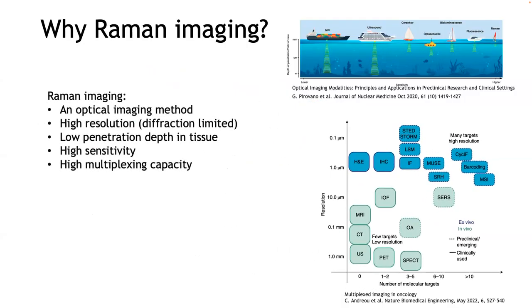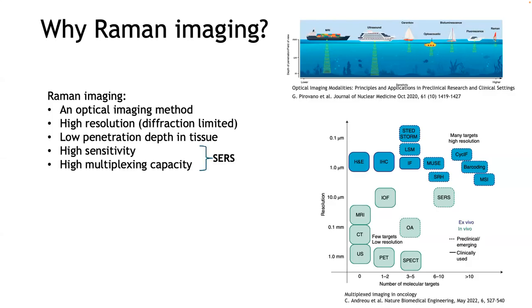All right, so why Raman imaging? It is an optical imaging method, and because of this, it has very high resolution. It is diffraction limited. However, because it is an optical imaging technique, it has poor penetration depth in tissue. It has high sensitivity and high multiplexing capacity.